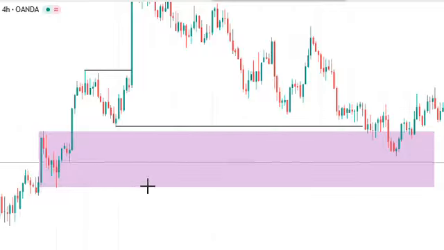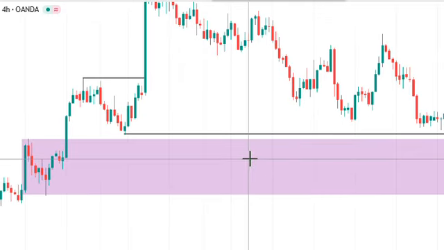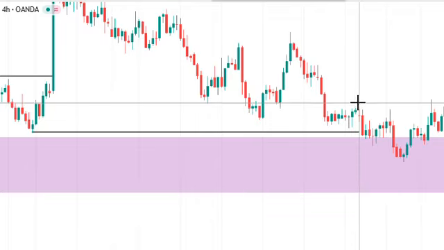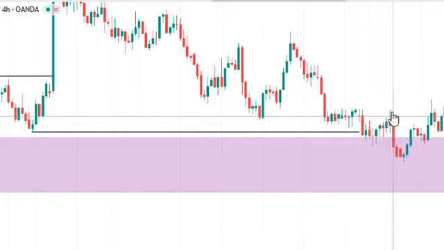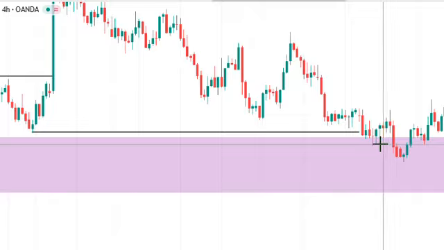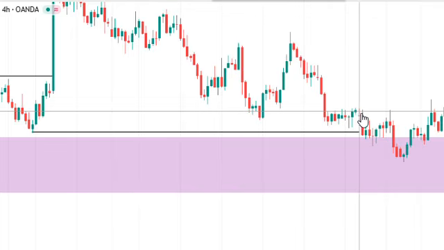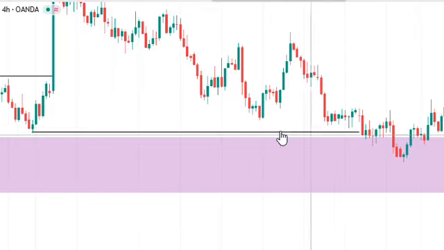After all these scenarios, the market traded down. Right from here, I took a sell entry to this low. Right from here, I see a bearish closure under this inducement.